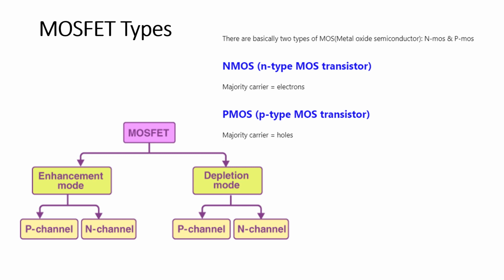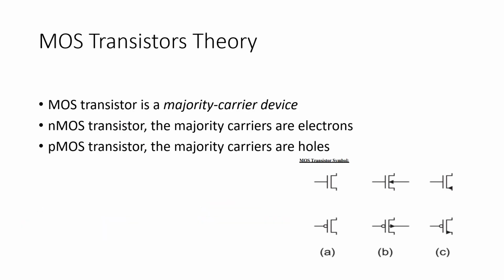In enhancement mode, they can be classified as P channel and N channel, and likewise for depletion mode transistors. A MOS transistor is a majority carrier device. In an NMOS transistor the majority carriers are electrons, and in PMOS transistors the majority carriers are holes.